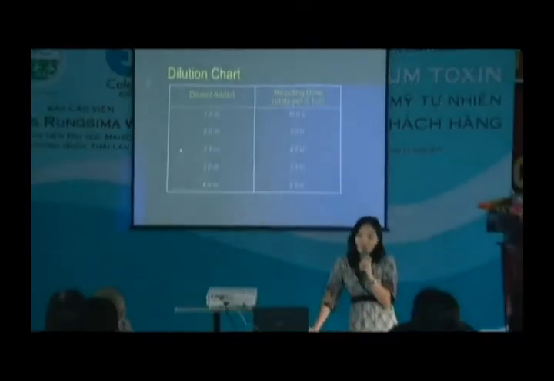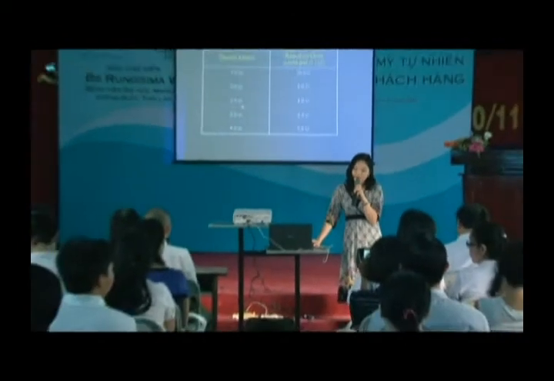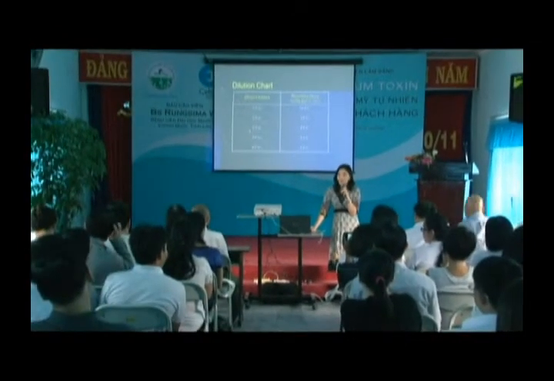But the important thing is that you have to know how many cc of saline you will mix. Maybe the most common preparation will be 2.5 cc. Most commonly you use 2.5 cc of dilution of saline.